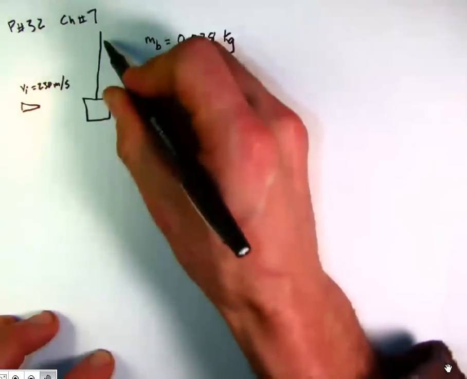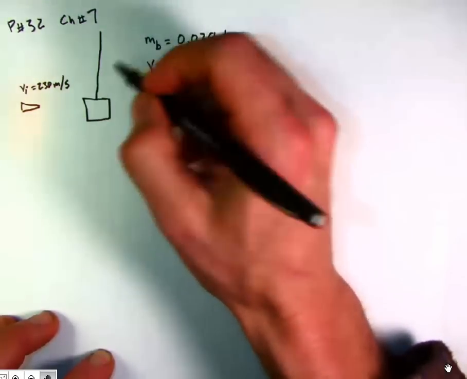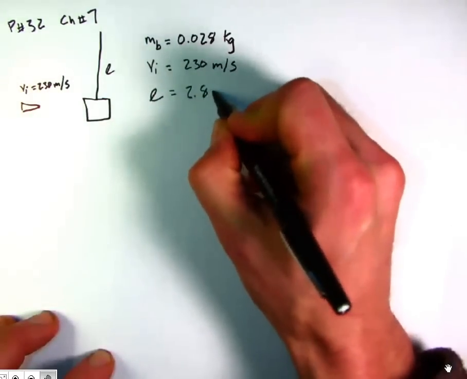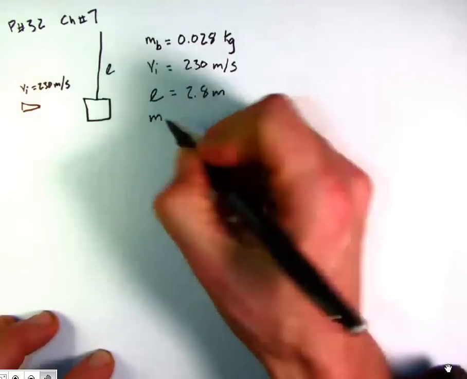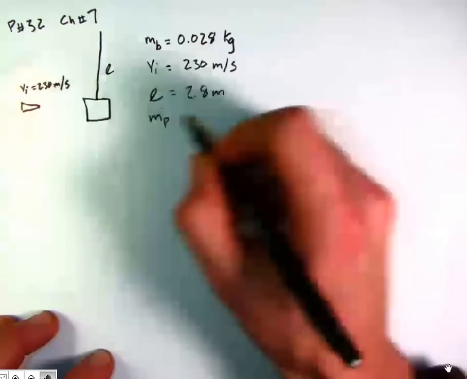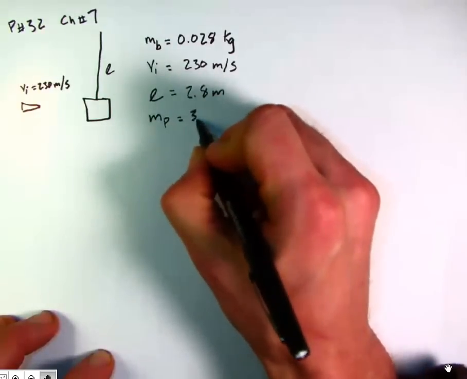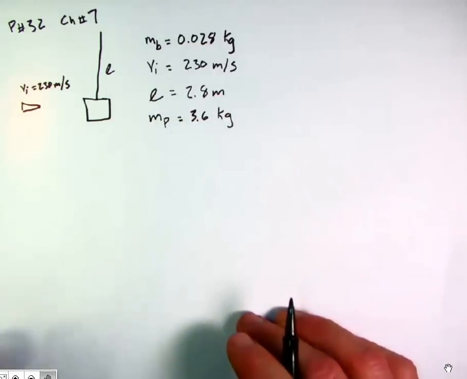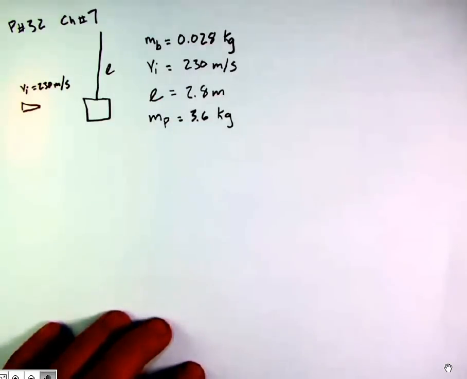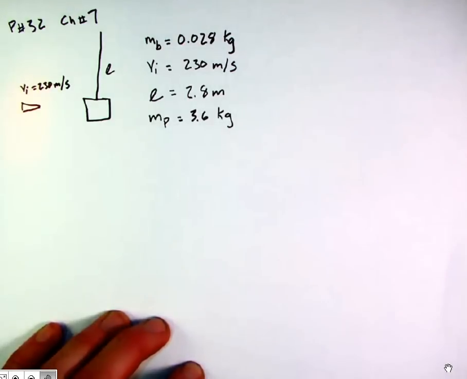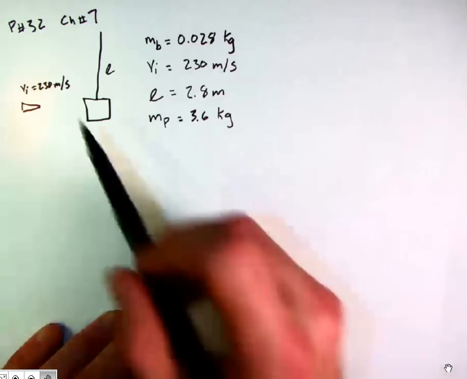The length L of the pendulum is 2.8 meters, and the mass of the pendulum bob here is 3.6 kilograms. And the question is asking, let's see, what is it asking? Determine the vertical and horizontal components of the pendulum's displacement.